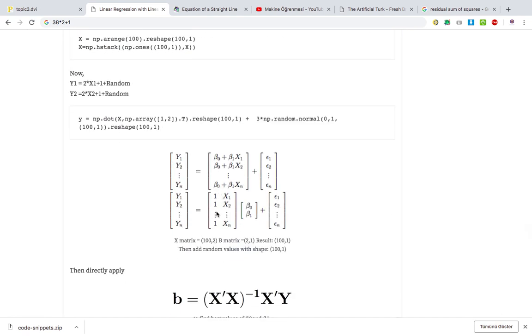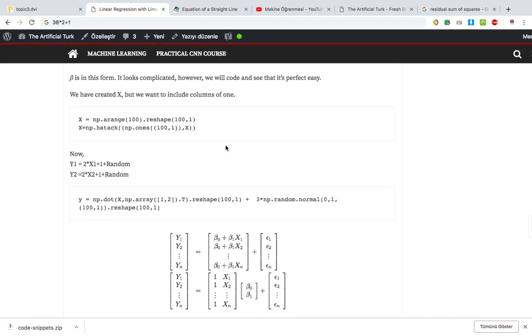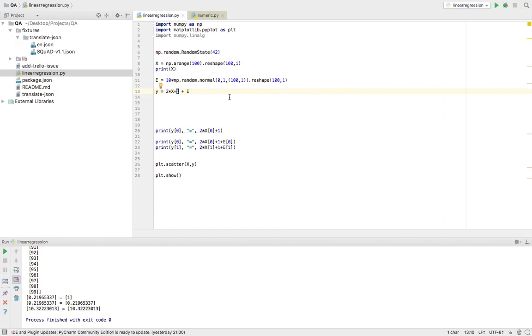You see that when we try to get the B matrix, we add a one column here. So to do that, we will stack the ones to the left side of our X data set. So let's do it.